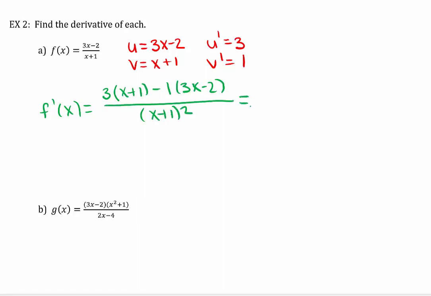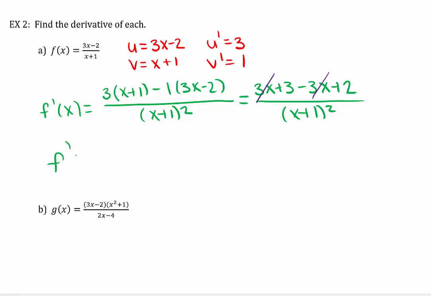To simplify, I would get rid of parentheses and combine like terms in the numerator. So if I distribute, I notice that when I combine like terms, I can cancel out the 3x's. And let's see, 3 plus 2 is 5. So my final answer would be 5 over x plus 1 squared.